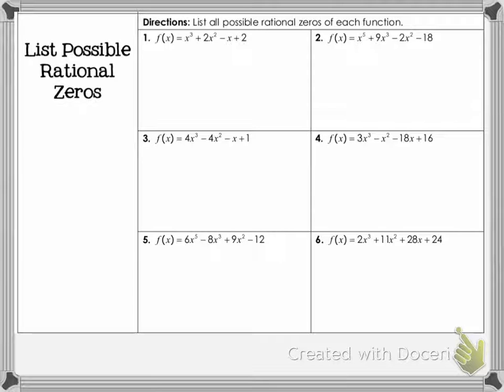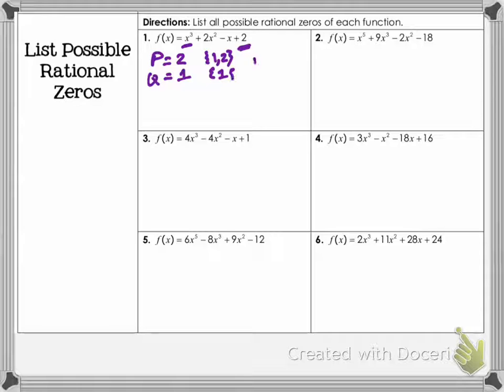So I'm just going to start with this first section. P, in this case, I'm just identifying it ahead of time, is 2, and Q is 1, because the coefficient of x cubed is 1. The leading coefficient is 1. So the factors of P are 1 and 2 only, and the factors of Q are just 1.